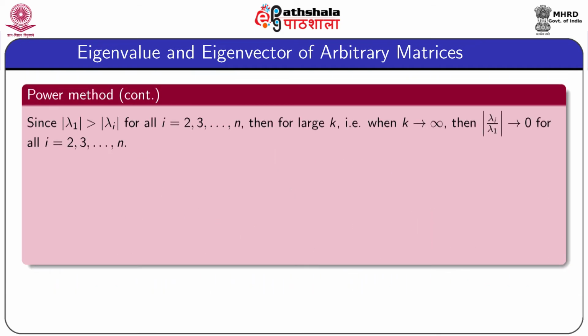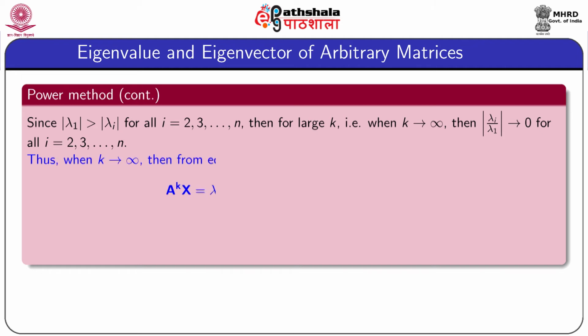Now, we know that the magnitude of lambda 1 is greater than the magnitude of lambda i for all i equal to 2 to n. That means we have assumed that the magnitude of the eigenvalue lambda 1 is maximum among the magnitudes of the other eigenvalues. Then for large k, that means when k tends to infinity, lambda i by lambda 1 tends to 0 for all i equal to 2 to n.